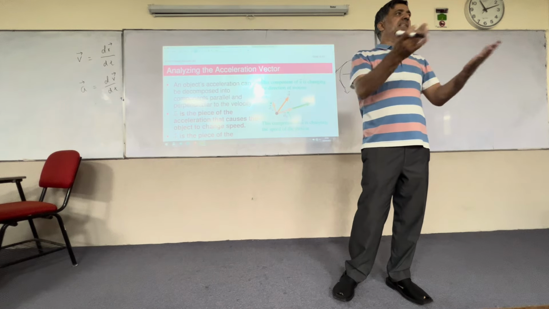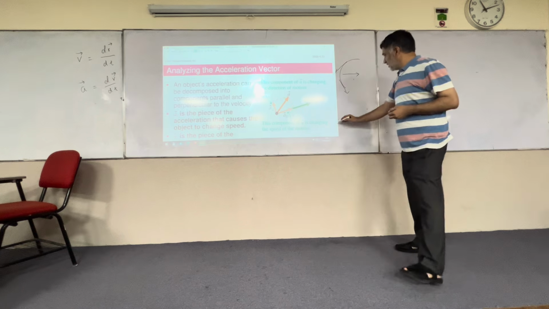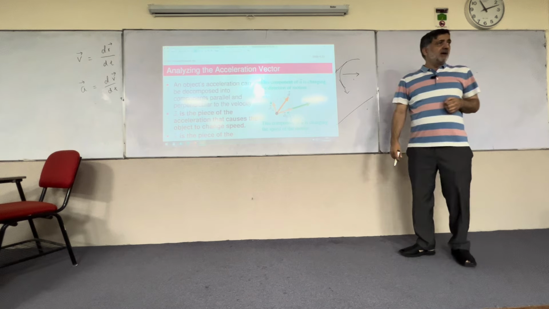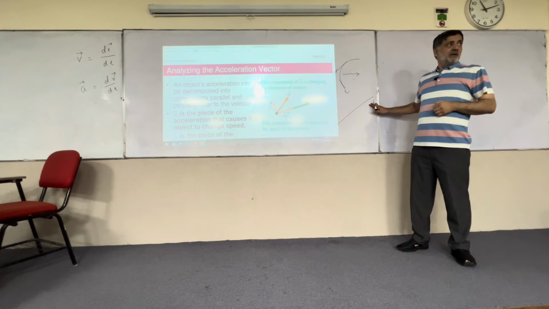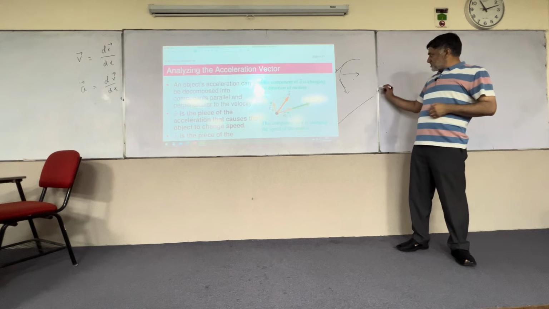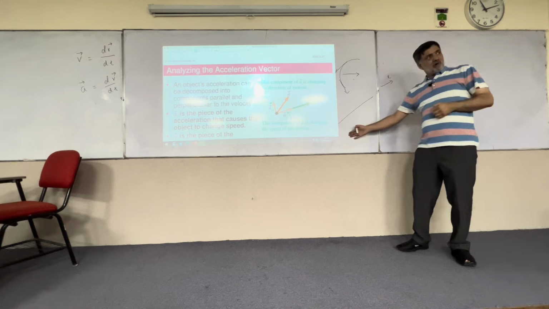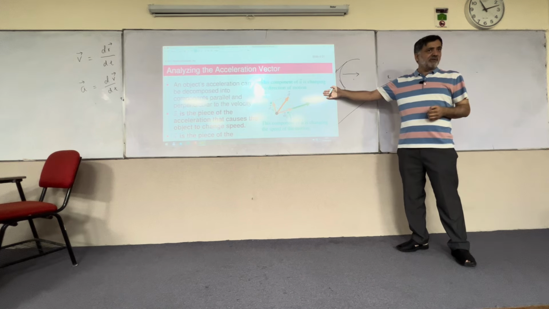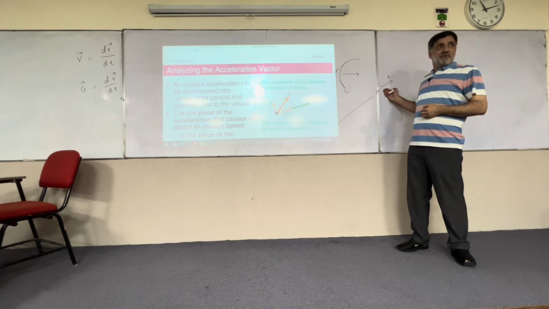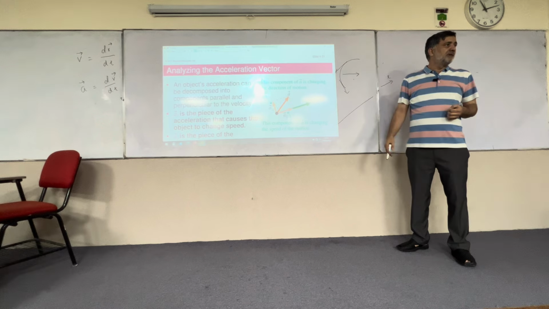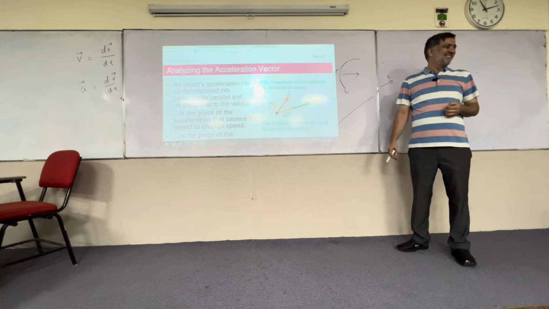You can use any direction. So if, for example, something is going along the surface, it makes more sense to use this as your x-axis. Why would you bother to call this your x-axis and this your y-axis? If you use this as your x-axis, then you don't even need a y-axis. You just need one axis.